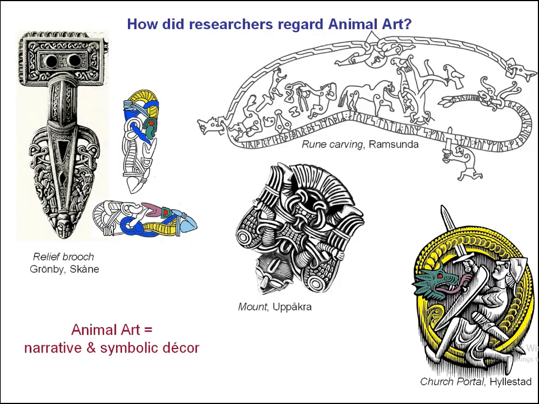Sigurd the dragon slayer is also featured at a Romanesque portal with certain Nordic elements, where we can see him sticking his sword into the dragon. A somewhat earlier example from the Middle Viking Age would be the master smith Wayland escaping his prison by constructing a flying machine of his own design.